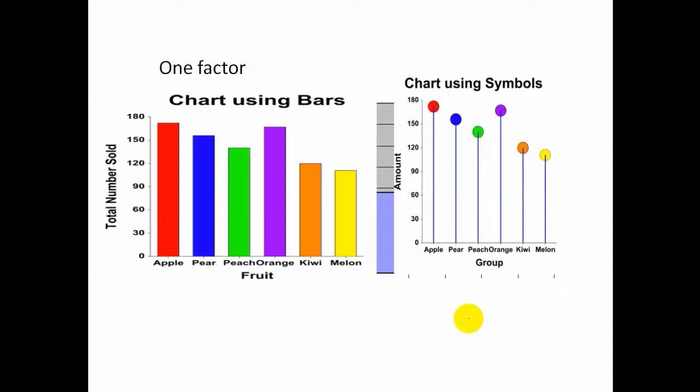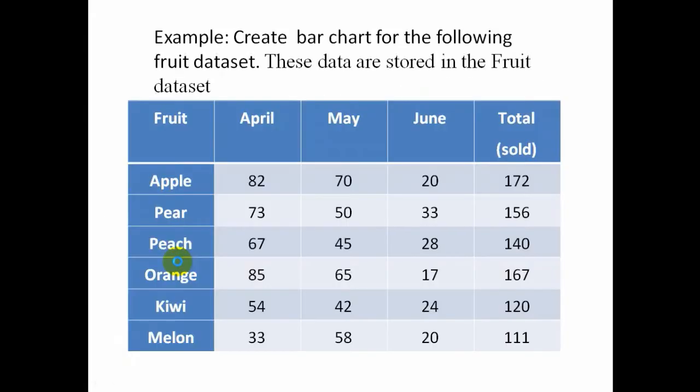In bar chart, suppose one factor bar chart using bars. First of all, write the names of the fruits. Suppose we want to present the apple on the horizontal axis, and we want the number sold on the vertical axis. And you see over here the number sold, the largest value in this sold data is 172, and the smallest value is 11.